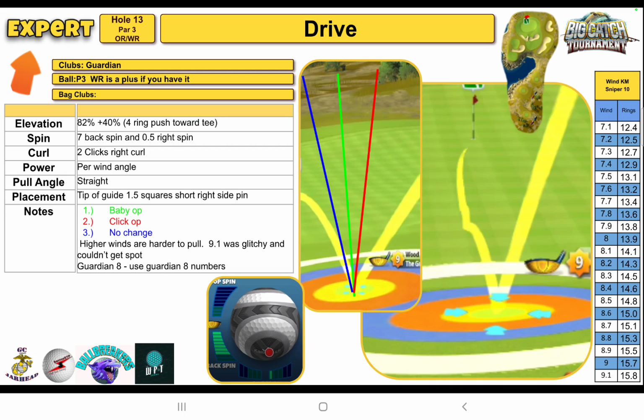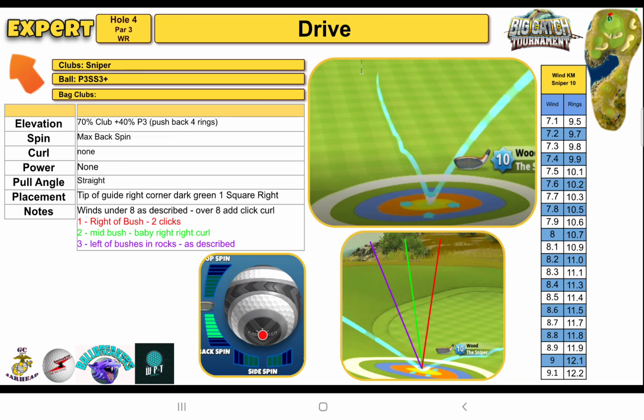So by pulling more elevation, it actually got us offline with our landing spot. So 40% here was the ultimate elevation that we had to go with, that took into account the base elevation plus the wind push that we're going to get.